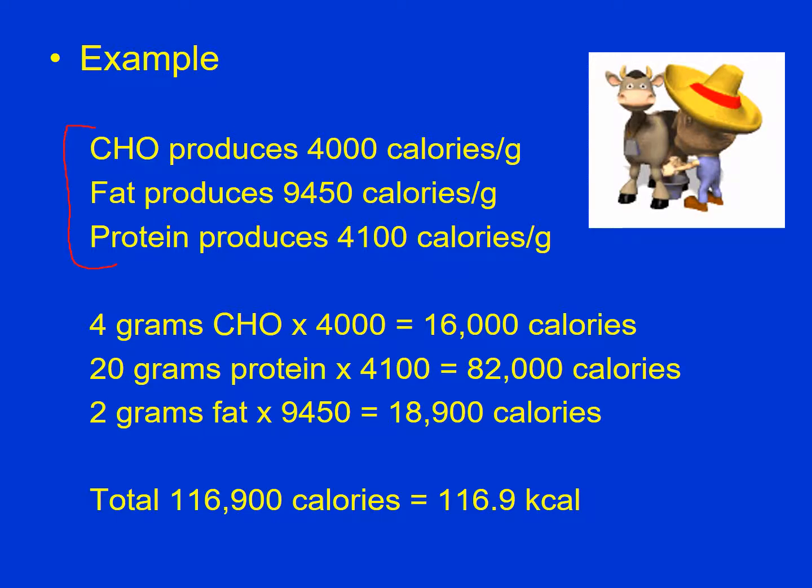So if we've got a sample of feed with 4 grams of carbohydrates, 20 grams of protein, and 2 grams of fat, that particular little sample would contain 116.9 kilocalories.